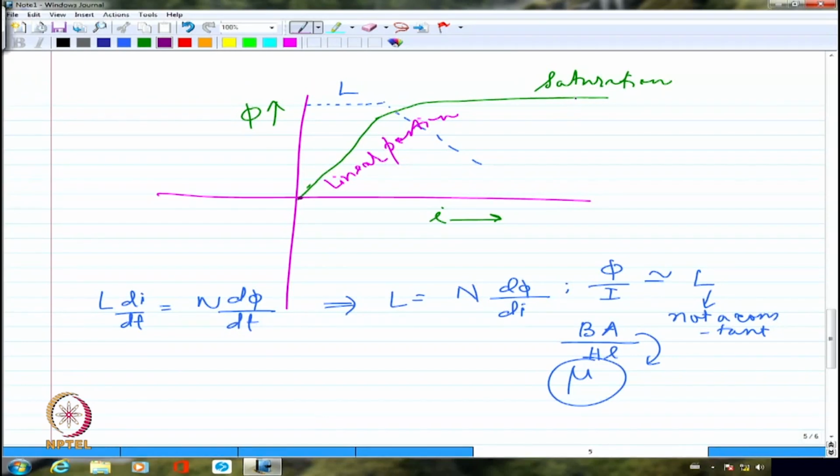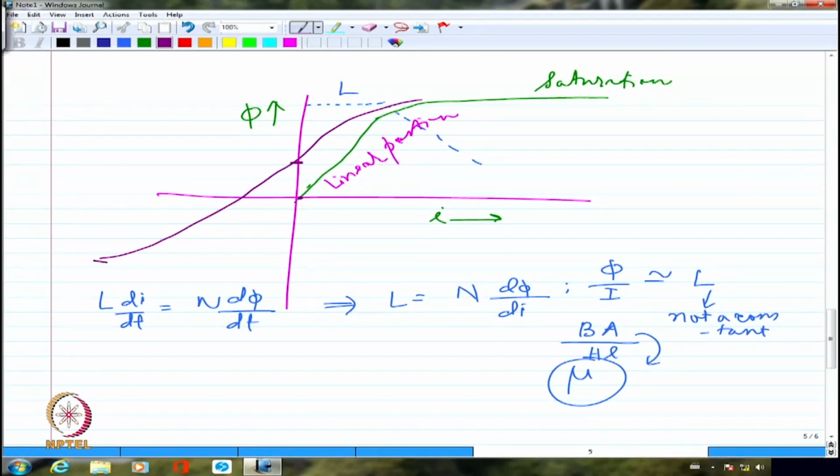After that, when I am trying to reduce the current, they are going to slowly realign themselves. Even when the current is 0, I will still have some amount of magnetic flux left over. That is remaining. So that is known as remnant flux.